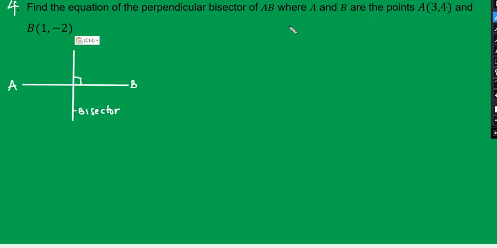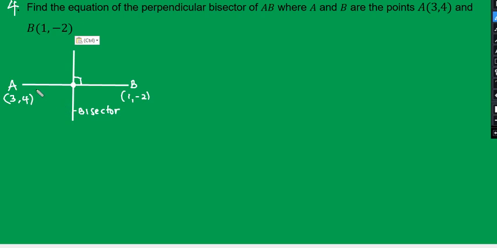So let us see, point A has coordinates 3, 4, and B is 1, -2. This point here is the middle point of the line AB, but it is also the point which lies on our bisector, and we need the equation of this bisector.